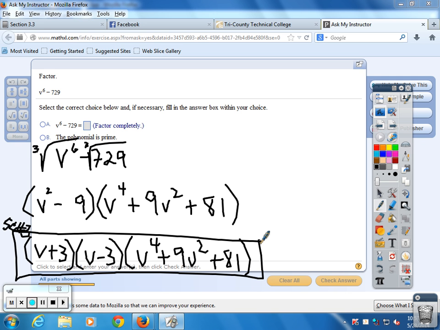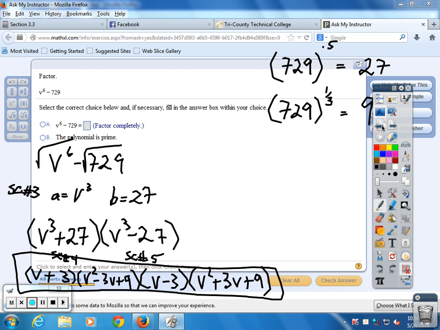And there's your v plus 3 and your v minus 3, and there's your v to the 4th, which is v squared times v squared, which is in the previous method right here. What's v squared times v squared? V to the 4th.